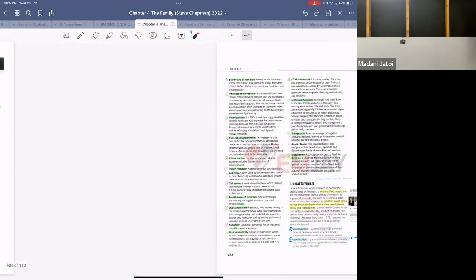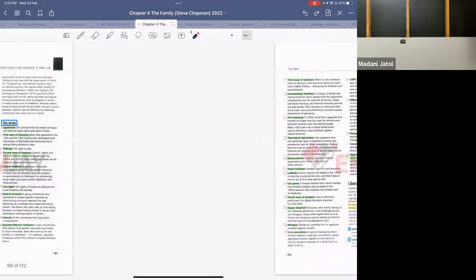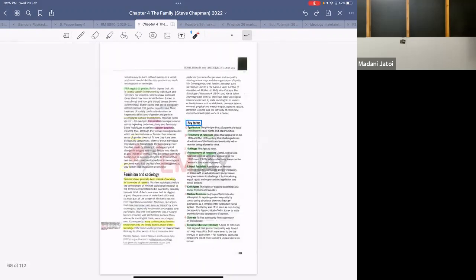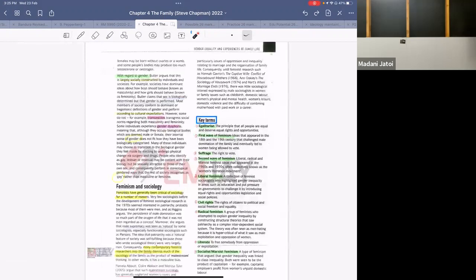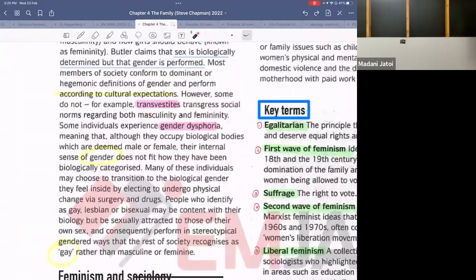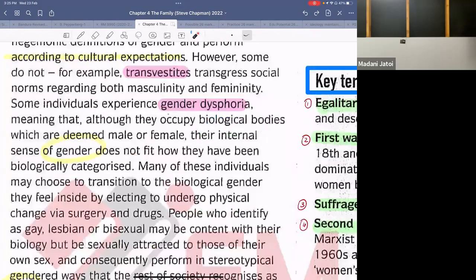Many of these individuals may choose to identify as gay, lesbian, or bisexual, may be content with their biology but be sexually attracted to those of their own sex, and consequently perform in stereotypical gender ways that the rest of society recognizes as gay rather than masculine or feminine.